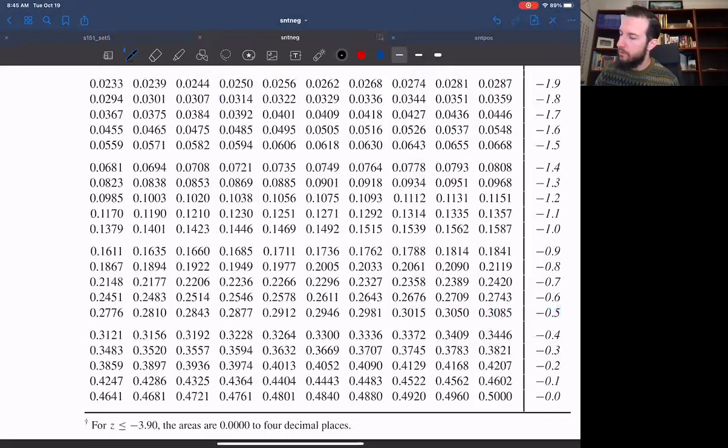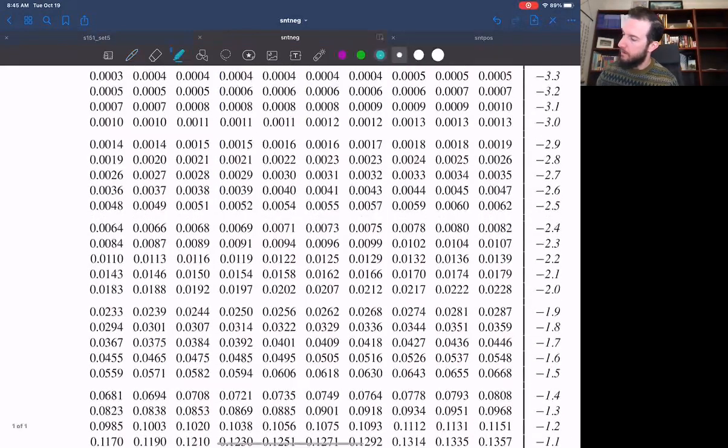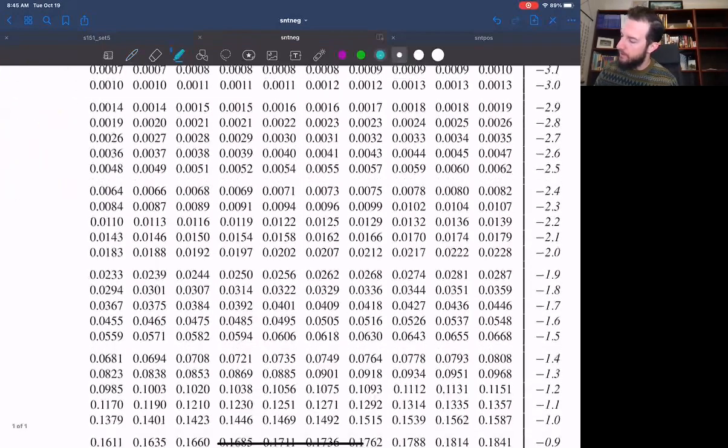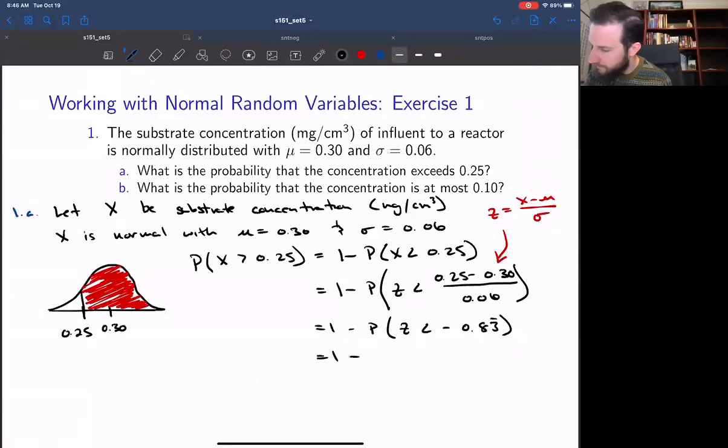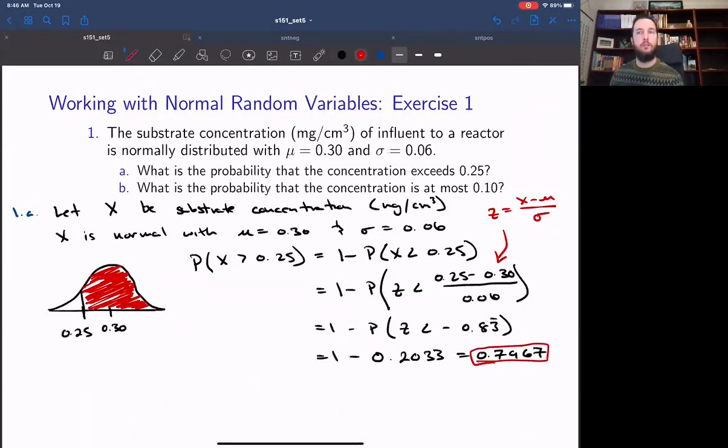So we go to the normal table, we look up negative 0.83, we match those values together, and that gives us 0.2033. So we have that as our final answer.